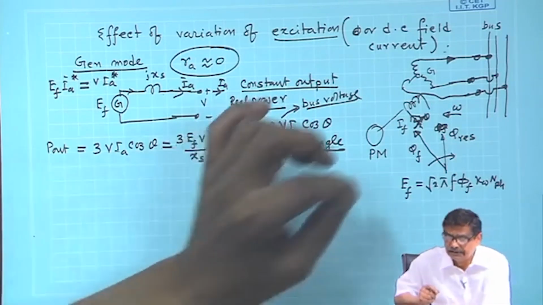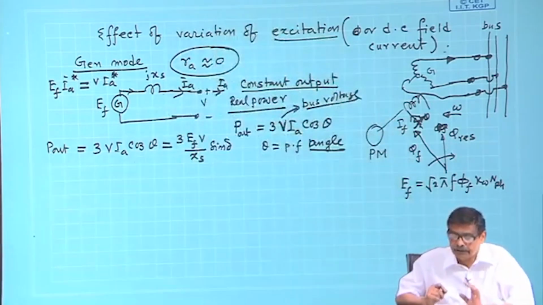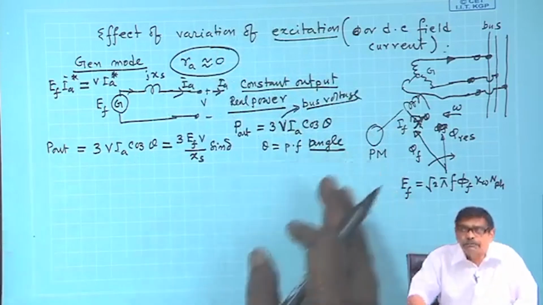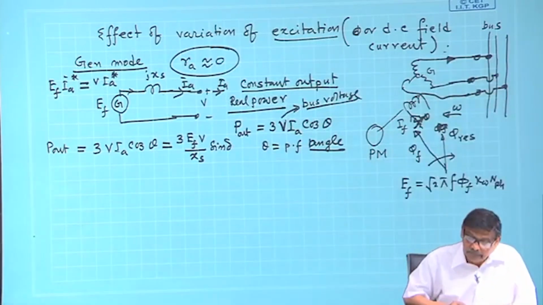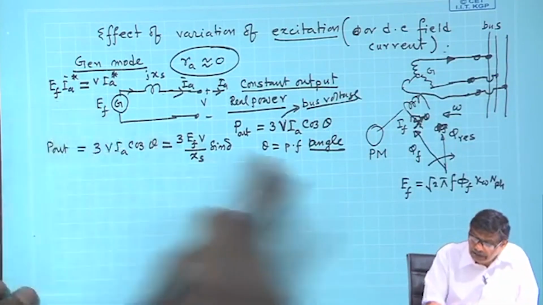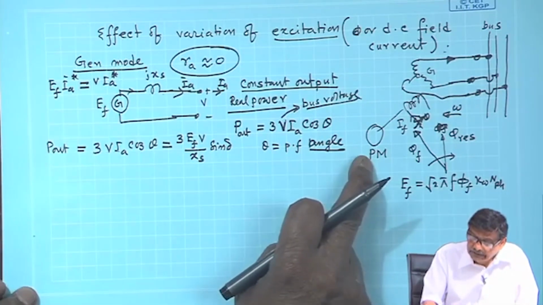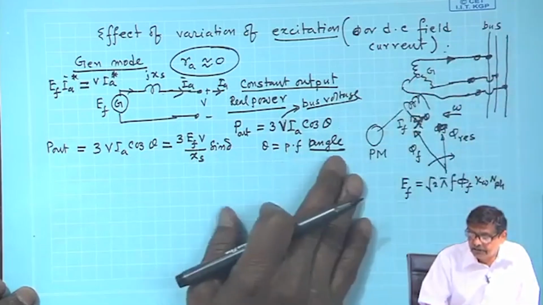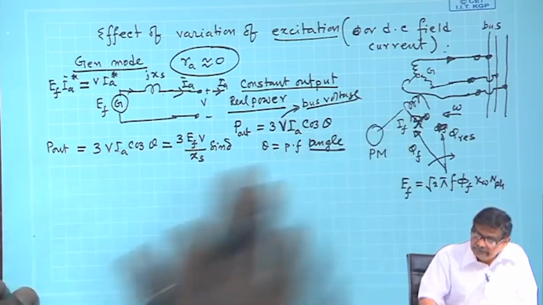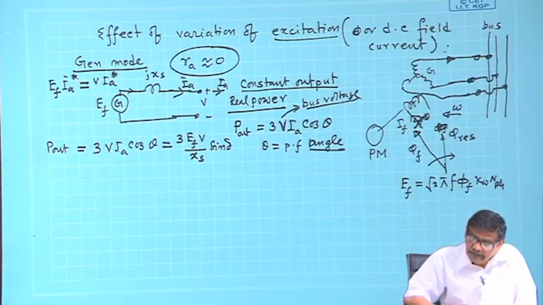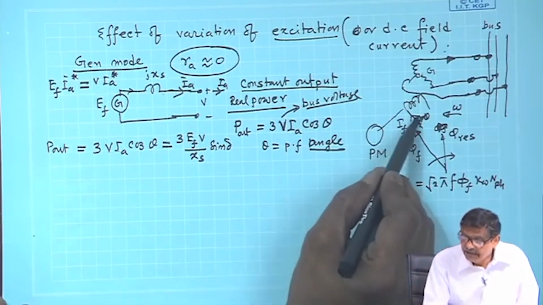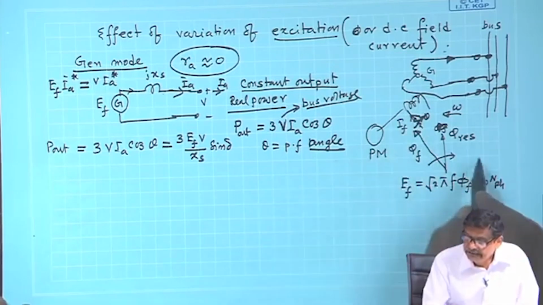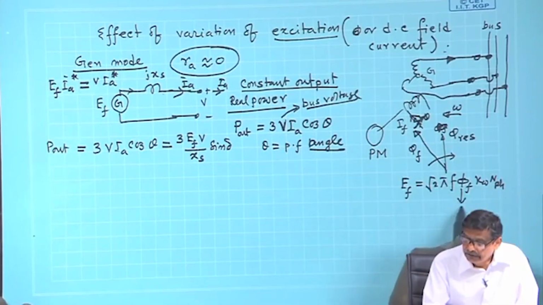I will simply play with this without changing the prime mover input or output power. How much prime mover input power will be needed? The same as this; whatever you are delivering here must come from the mechanical side. But one thing is very clear: if I vary I_F, phi_f is directly proportional to I_F.